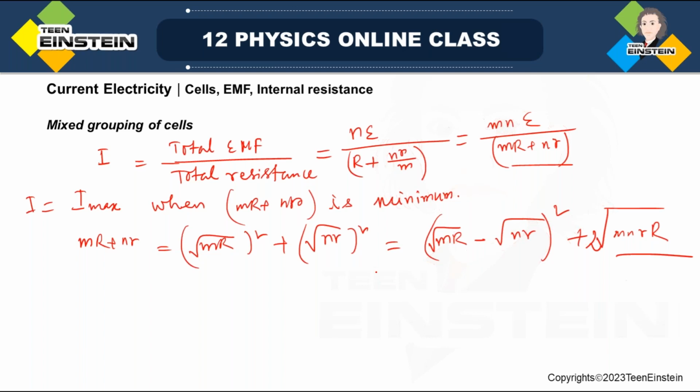To make this minimum, the squared term should be minimum.